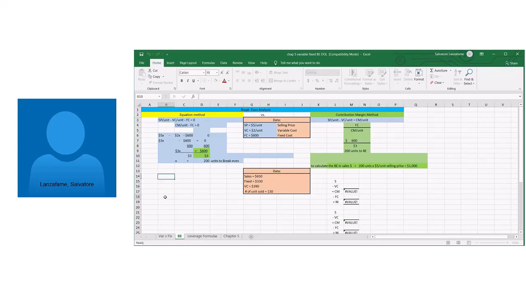So what we should do is take the sales of $650 and divide it by the 130 units. And if you did that, 650 divided by 130, you get $5 per unit.